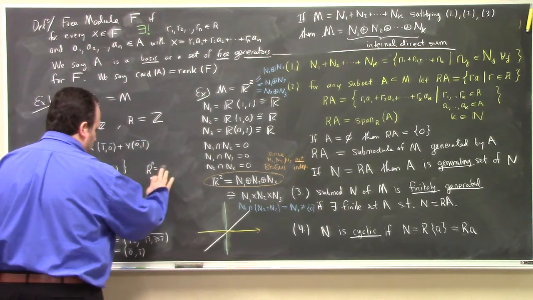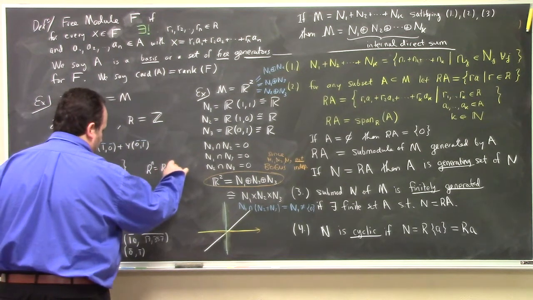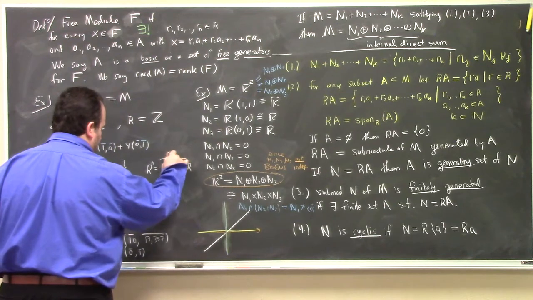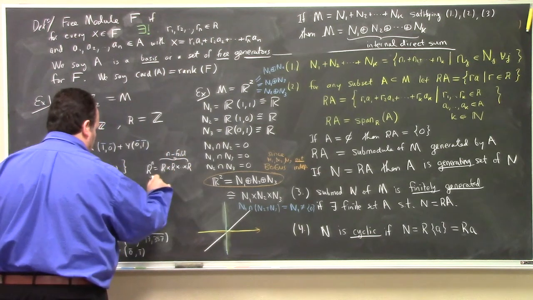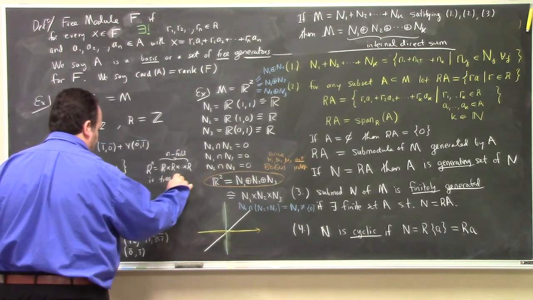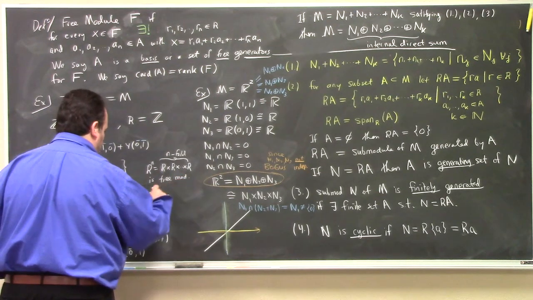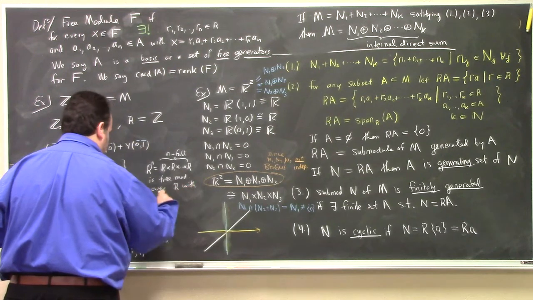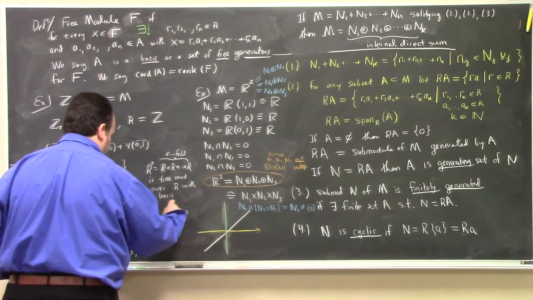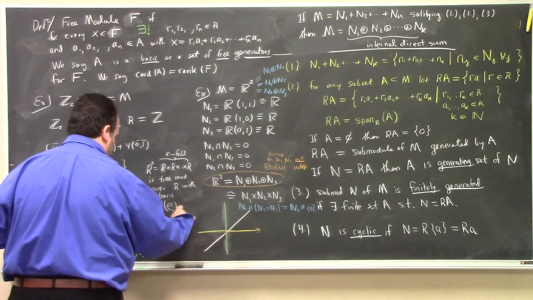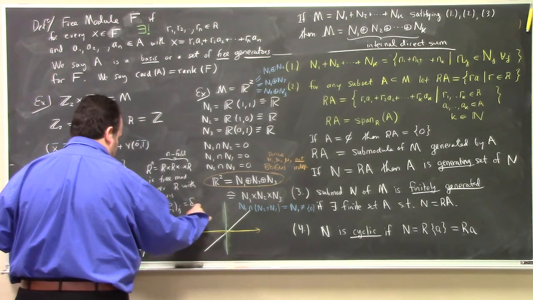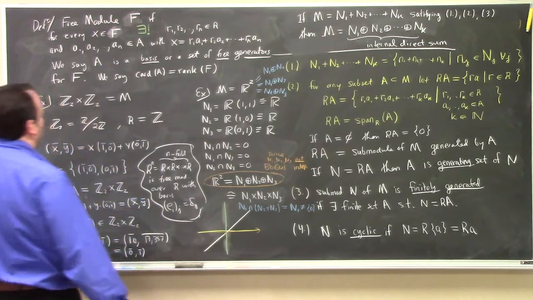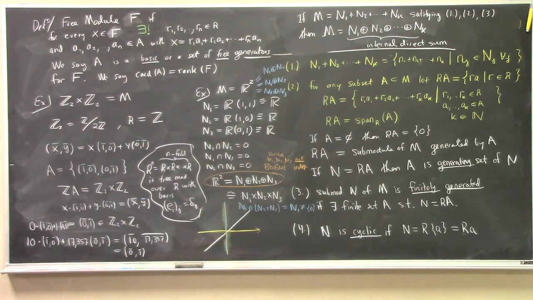R cross R, n-fold times, is a free module over R with basis e_i, where e_i j equals the Kronecker delta ij. And the rank of R^n is n.